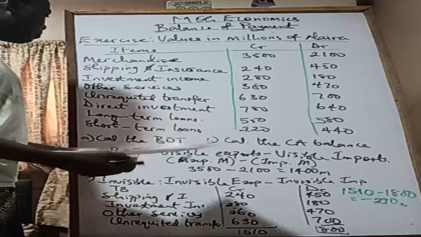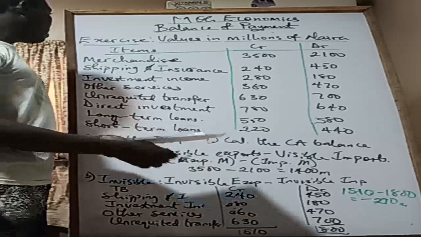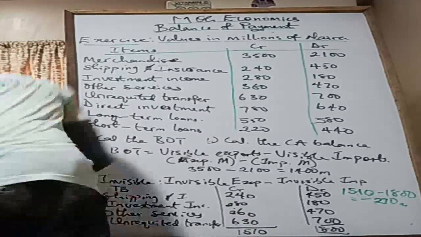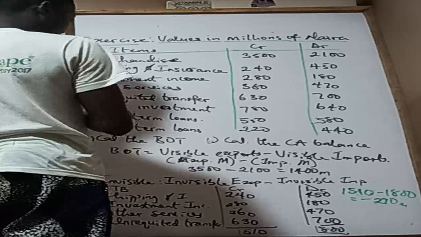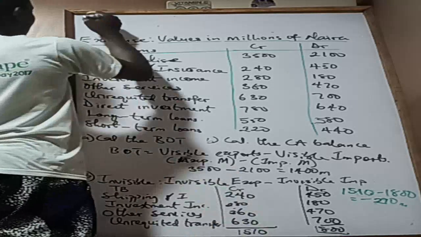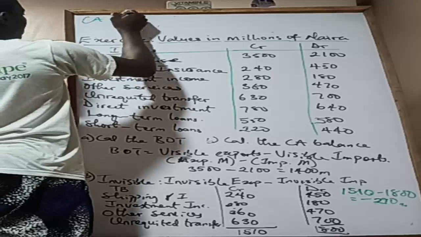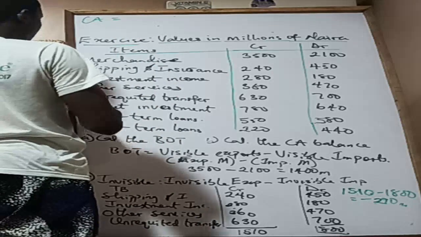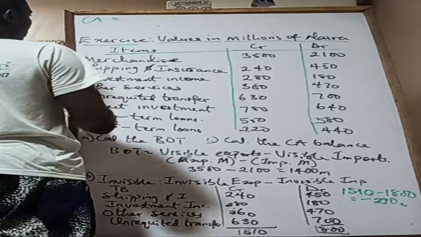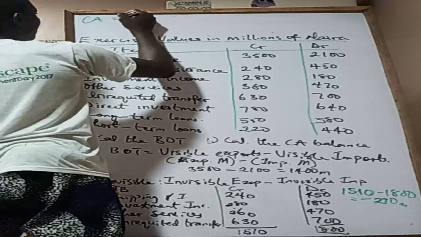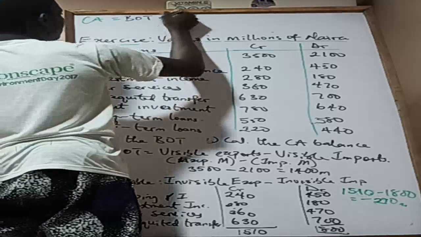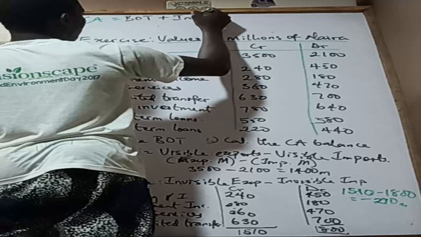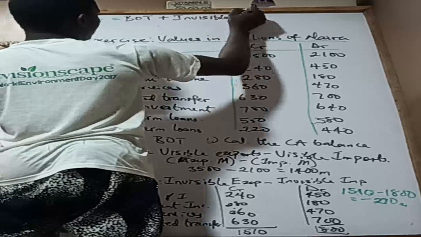So you are also going to write the formula: current account equals visible trade balance, you can call it BOT, plus invisible trade balance, because all of these things are going to be taking marks.